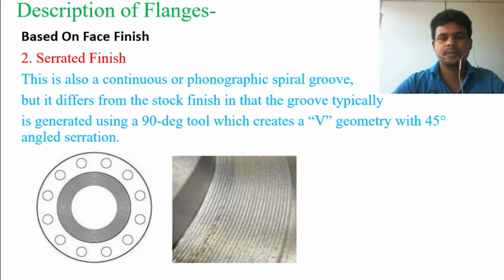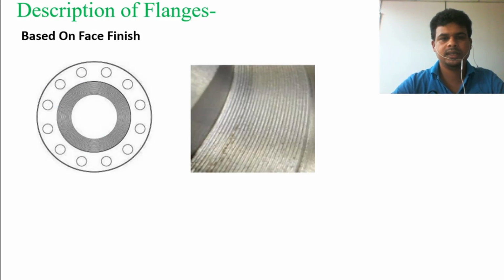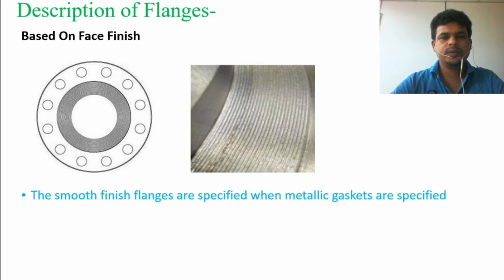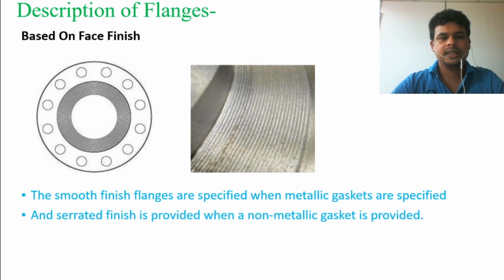I try to share with you some more information regarding the serrated finish. Let's see. Smooth finish flanges are specified when metallic gaskets are used, and serrated finish is provided when a non-metallic gasket is used. So when you use a metallic gasket, normally the flange with smooth face finish is used, and the serrated is used for the non-metallic gasket.